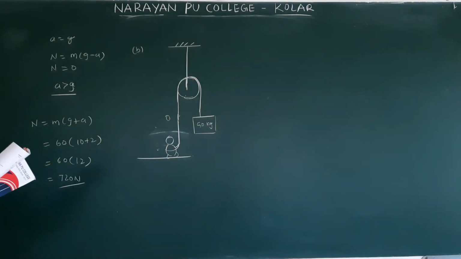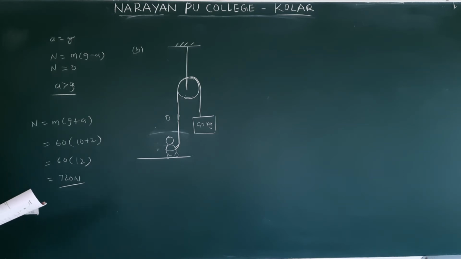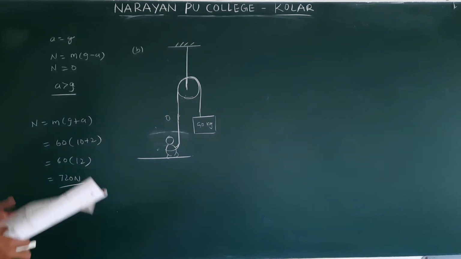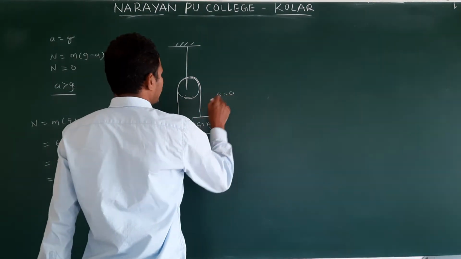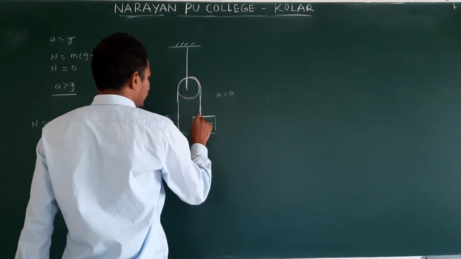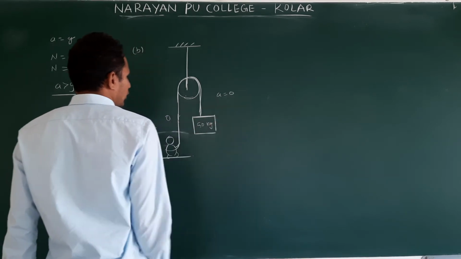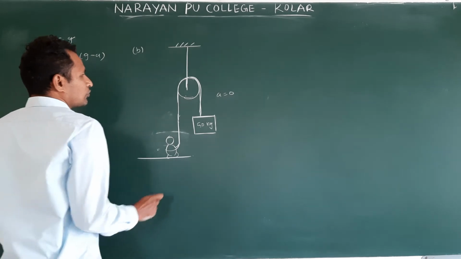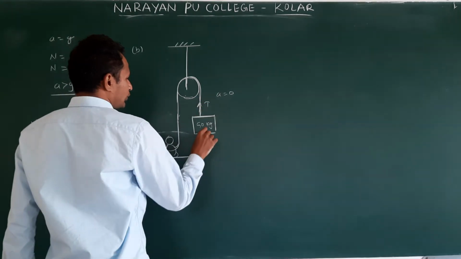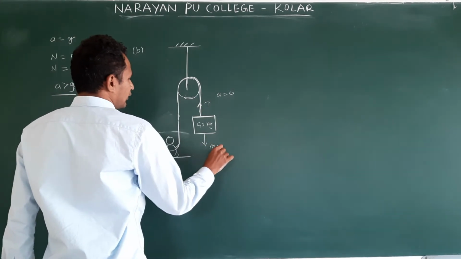So they are asking, find the weight of the man in the different situations shown in the figure. So in this case, it is not accelerating, a is equal to 0. Clear? Tension acts upwards, weight acts downwards.